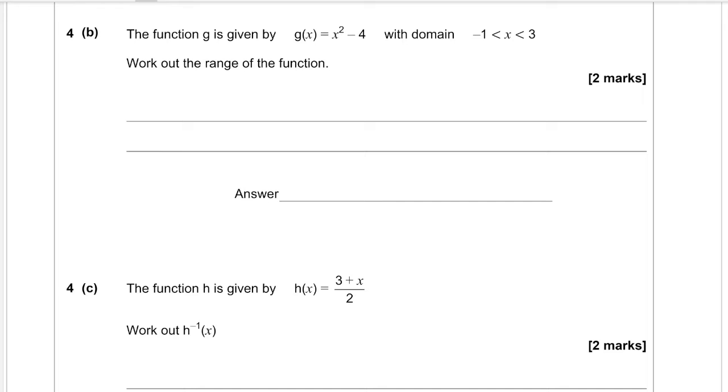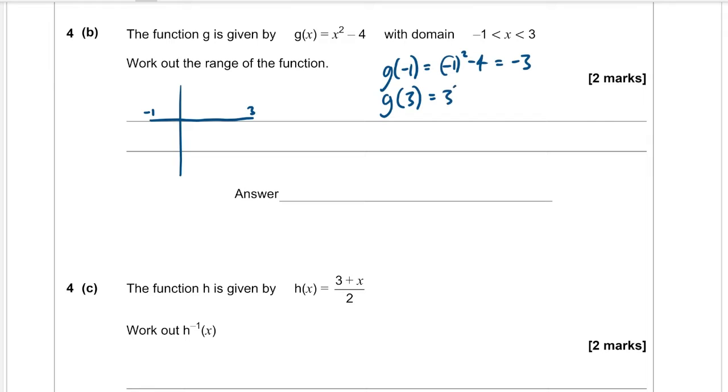And for this question, it's a good idea just to draw a quick sketch so that you have x between minus 1 and 3, and at minus 1 we know we have a value of minus 1 squared minus 4, which is minus 3, and at 3 we're going to have a value of 3 squared minus 4, which is 5.